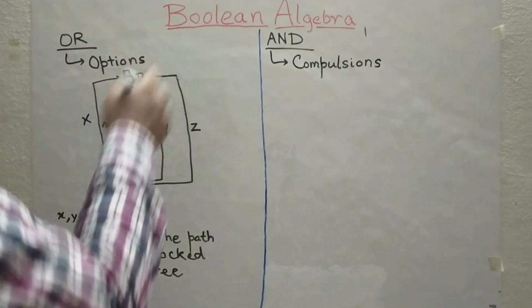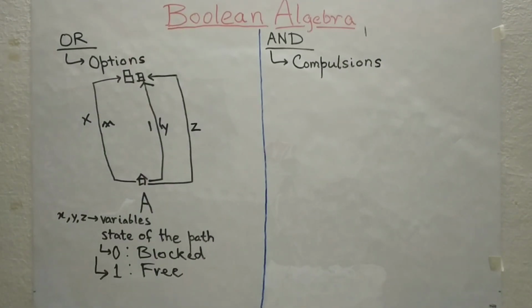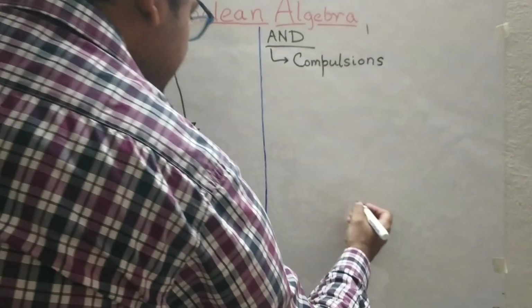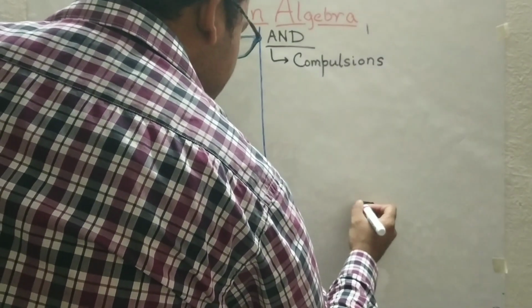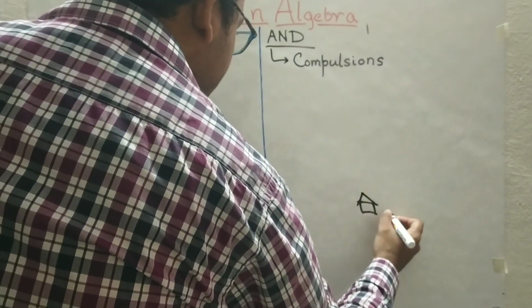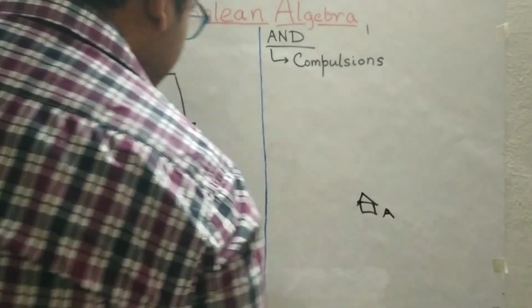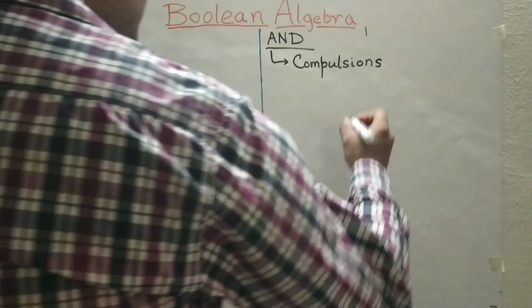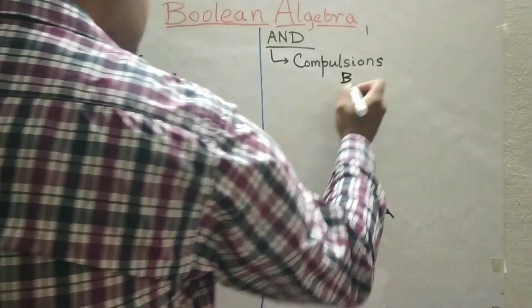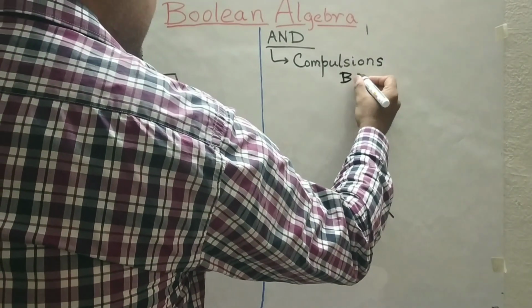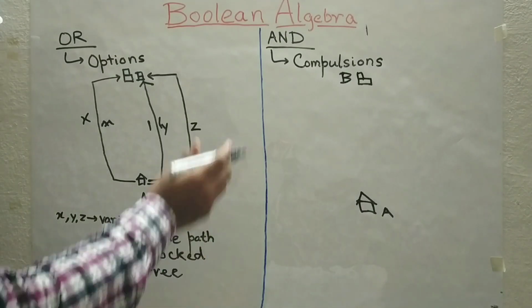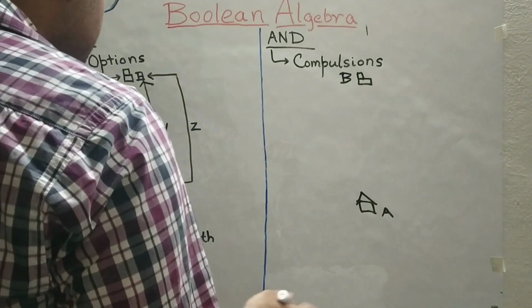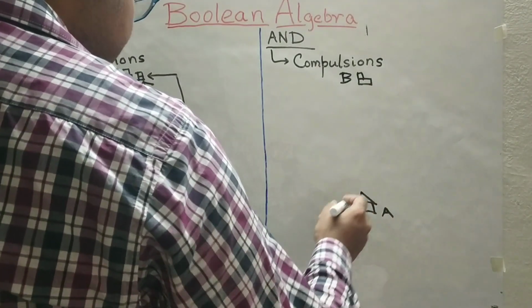Similarly, we can talk about the AND gate as compulsions. So your home is here, right? This is your home at the location A. You want to go to your office, which is at the location B. Okay, so when you want to go to your office, the path is like this.